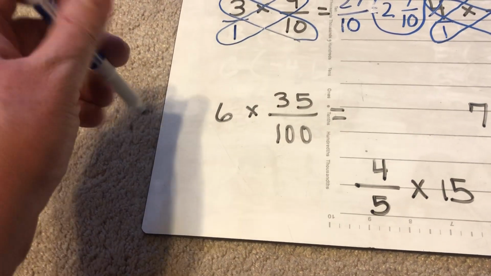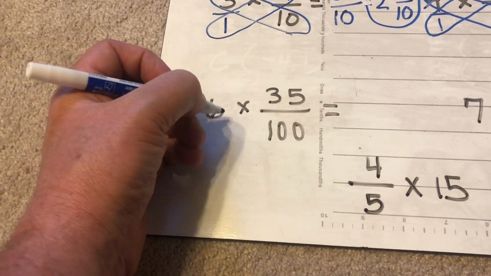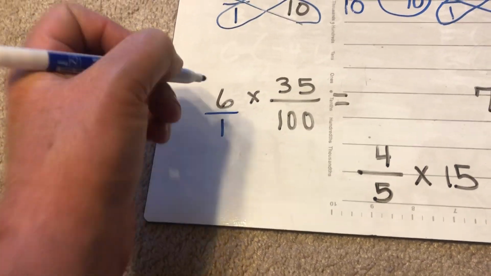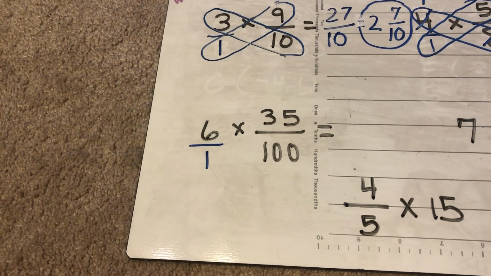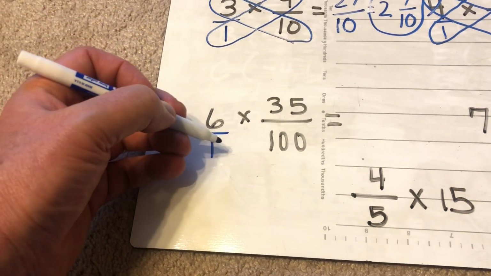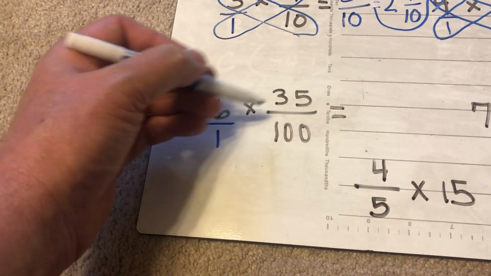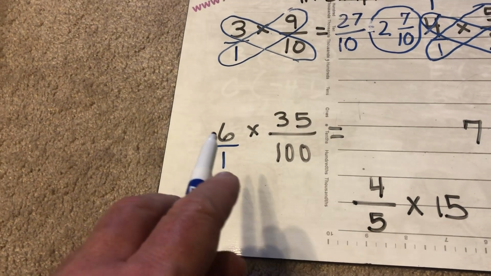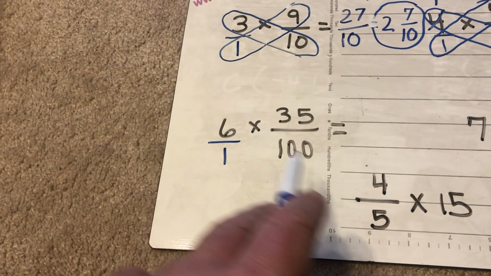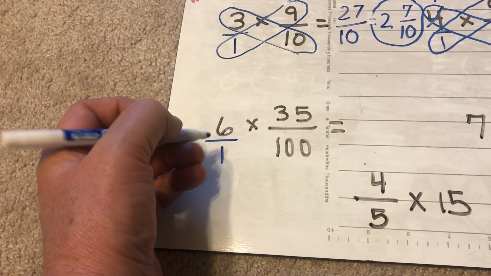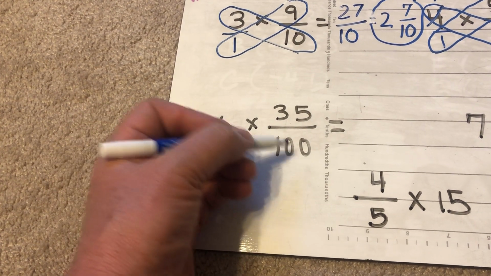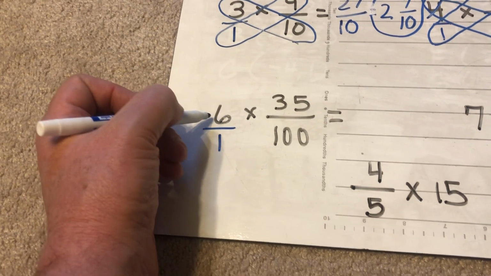Sometimes you're going to get some bigger numbers. Okay? Well, same thing though. 6 becomes 6 over 1, and I can't cross-check a 1 and a 35. Nothing besides 1 can go into both 1 and 35. But I can think about 6 over 100. Okay? Well, I see that this is an even number and that is an even number, so they're both divisible by 2.